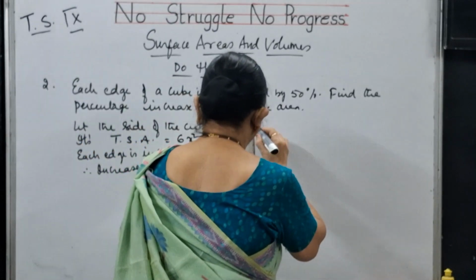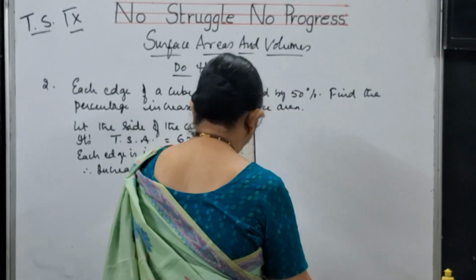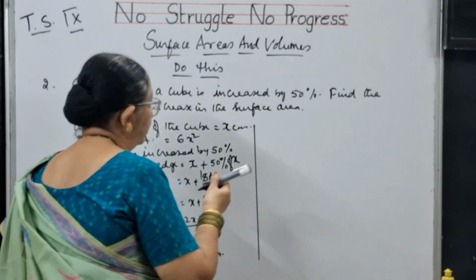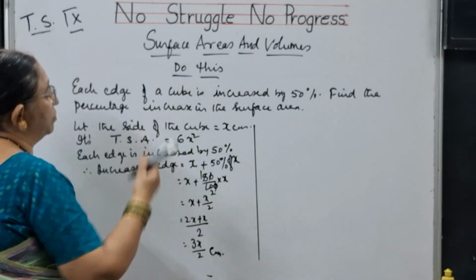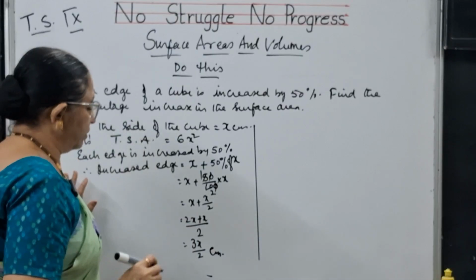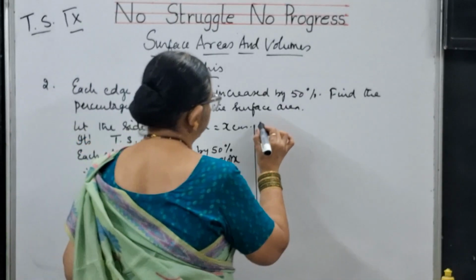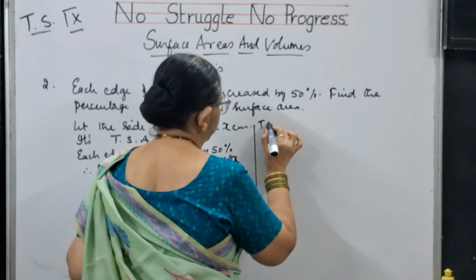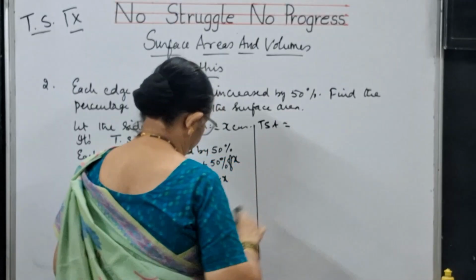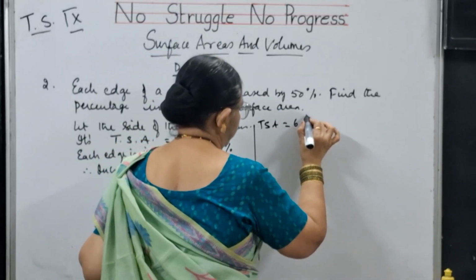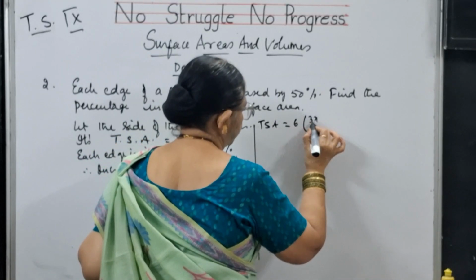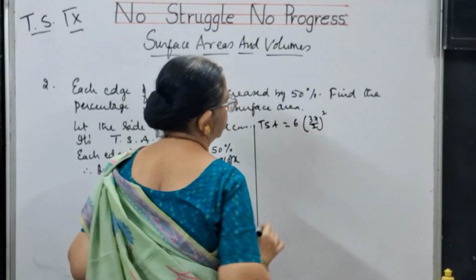So what do you need? Now, find the percentage of increase in surface area. So first we have to write the TSA. TSA is nothing but 6 into (3x by 2) whole square.